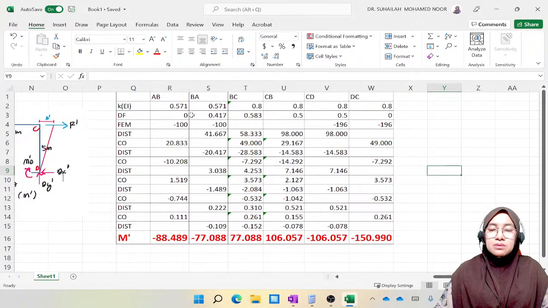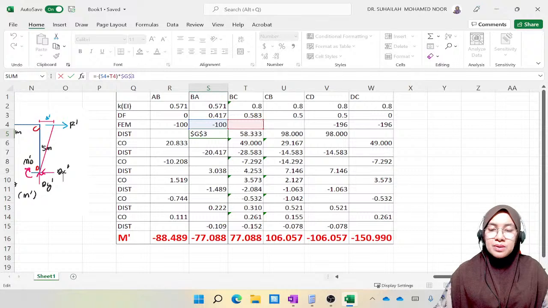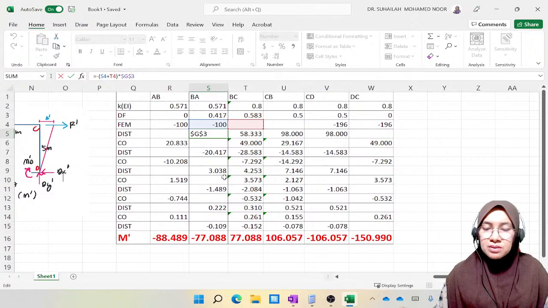So we can check the formula to see whether it is calculating the right value. The total moment is 100 positive times the distribution factor.